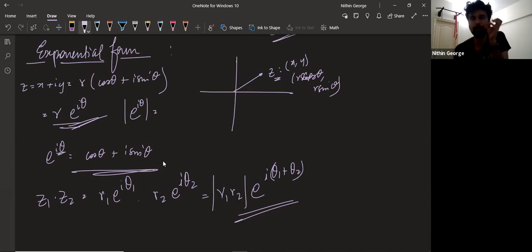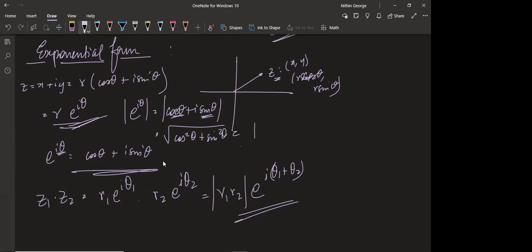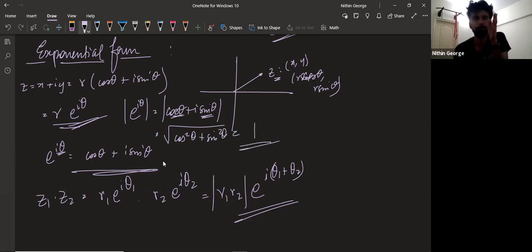Suppose e power i theta is a complex number, which is cos theta plus i sin theta. What is the magnitude of this? Root of x square plus y square, right? 1, sir. Exactly, thank you. All right, mod of e power i theta is 1.